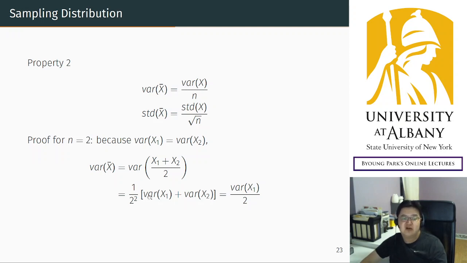And then two same variances are added, so you only have 2 times the variance in the numerator. The denominator was 4, but the numerator has 2 times the variance, so it cancels out partly, but still there is 2 in the denominator. Again, the proof is not important.